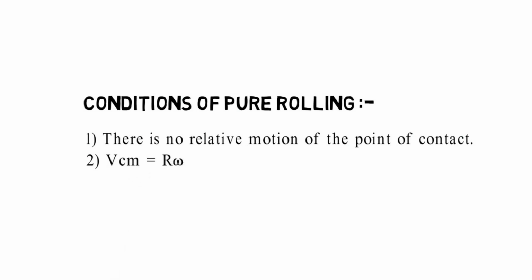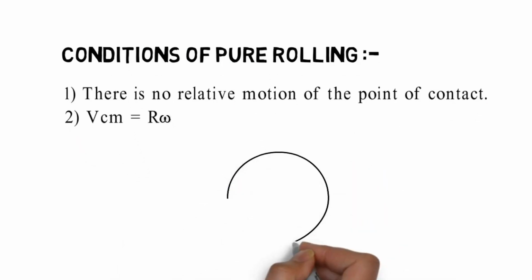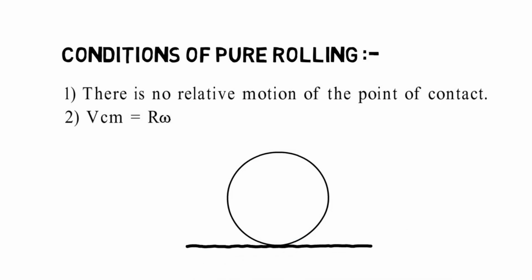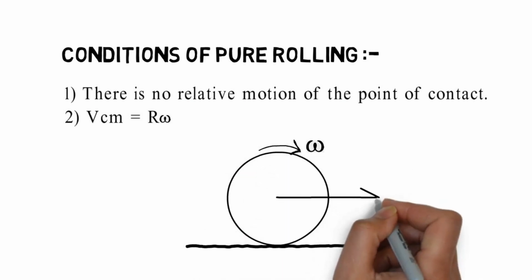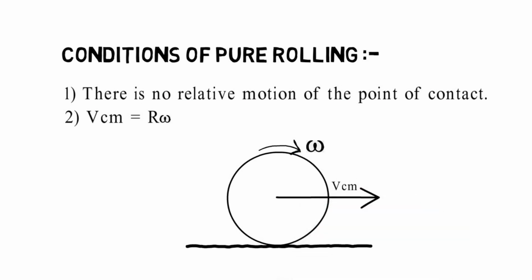If this disk rotates in this direction, its VCM will act in the forward direction, and its r omega will oppose it in the reverse direction. So both will have to cancel each other out to fulfill the criteria of no relative motion at the point of contact.